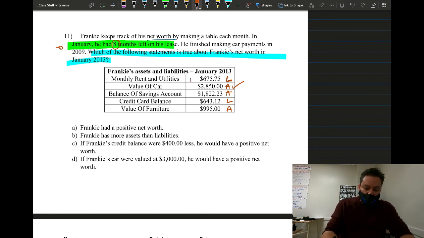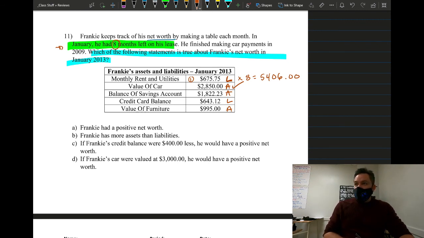This is 1 month, so I'm going to have to multiply times 8, right? To get the total amount. So for the 8 months that he owes, it's going to be 8 times $675.75. When you multiply that, you get $5,406.00. That's the actual amount that he owes in rent and utilities.